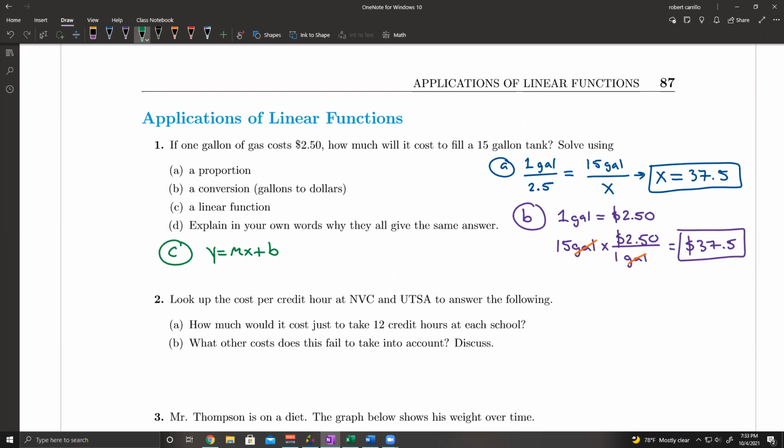So for every gallon, it's going to cost us $2.50. So should that be our slope or should that be our y-intercept?